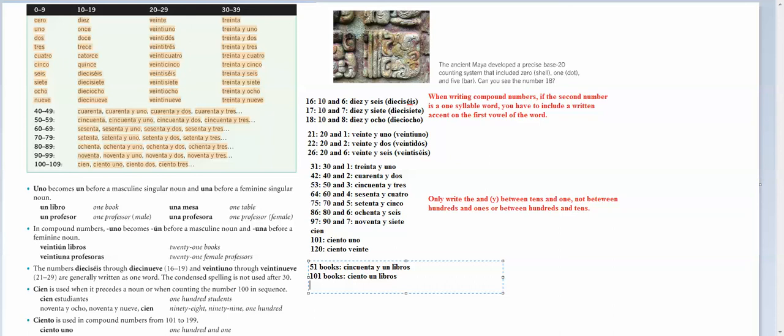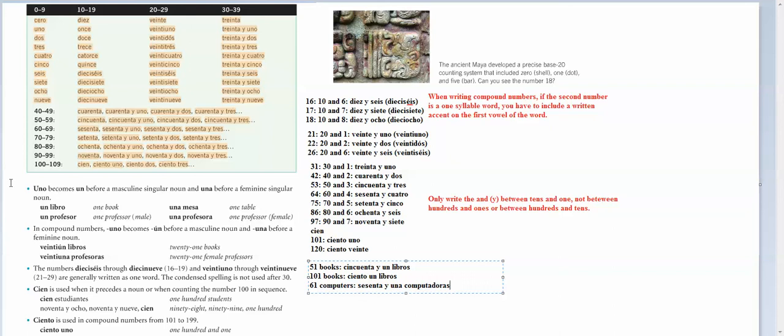And if I have, I don't know, 61 female computers, it's going to be 61 computadoras. So when you're telling how much of something you have, you're going to use un or una, and whether you use un or una is dependent upon the thing that you're telling the quantity of. If it's masculine, like books, you're going to use un. If it's feminine, you're going to use una.